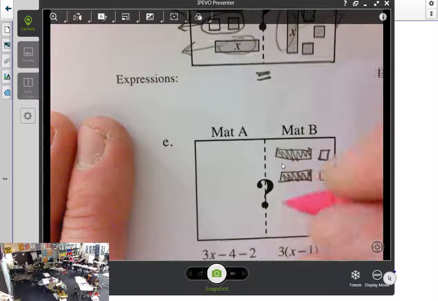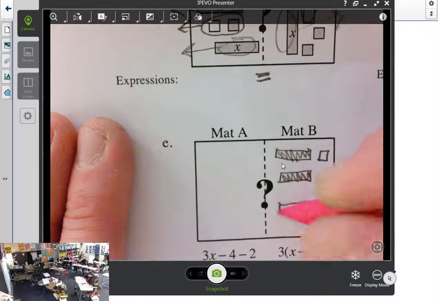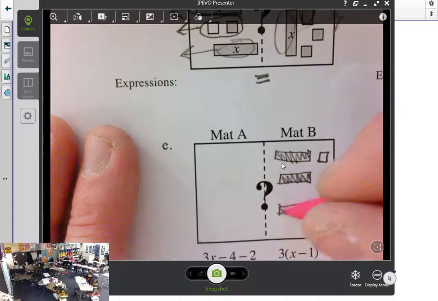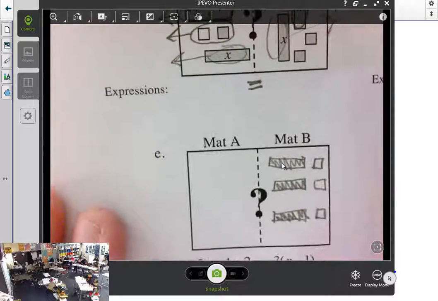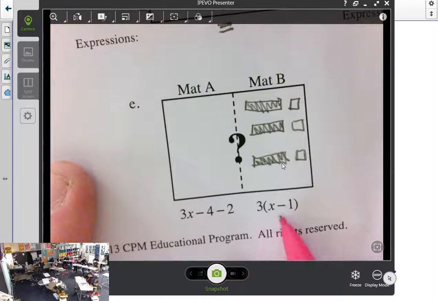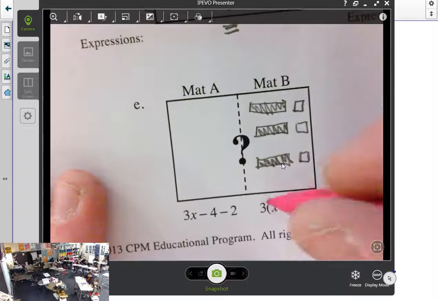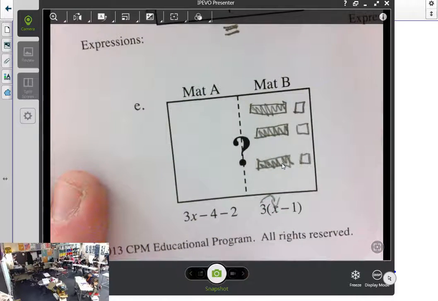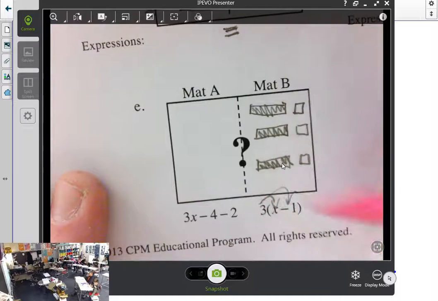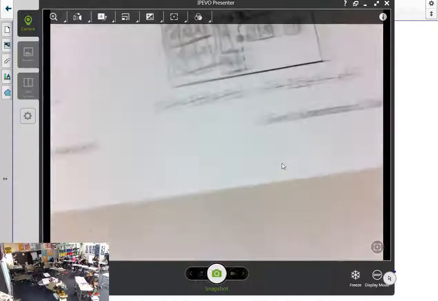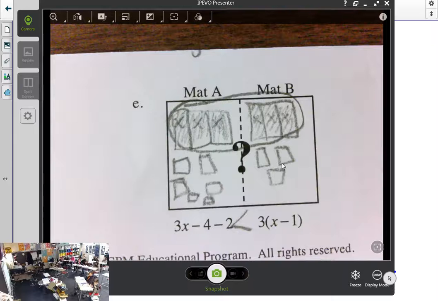That's shaded. And an X and a -1. 3 sets of X and -1. However, Grant went ahead and thought about, well, that really means that I have 3 X's. And that really means that I have 3 -1s. So he just drew the 3 X's together and the 3 -1s down at the bottom. Either way is totally fine.